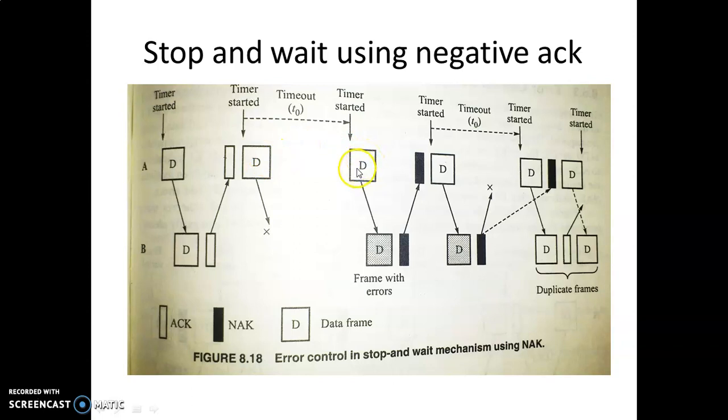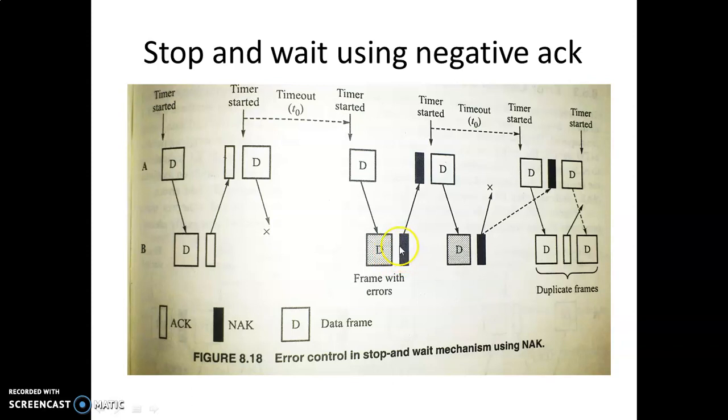Now see what happens. Again the sender A is sending the frame. Now this frame was received on the other side, but if you see it properly, this frame is received with errors. Now this is something different which is there in this method. The receiver knows that the frame is received with error. Immediately it will send a negative acknowledgement.